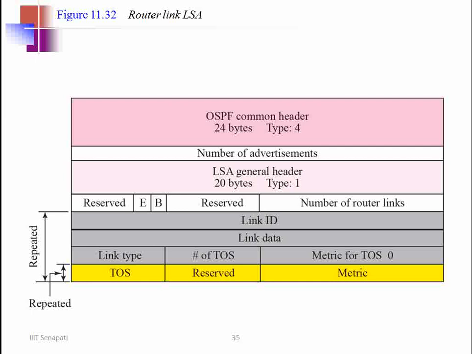Now it is the metric for TOS 0, meaning the default type of service. So actually it will define the metric, meaning cost, for the default type of service, right? TOS is the type of service, reserved, and the metric is the metric corresponding to the particular type of service. So this can be repeated: this type of service, this metric; this type of service, this metric, and so on.